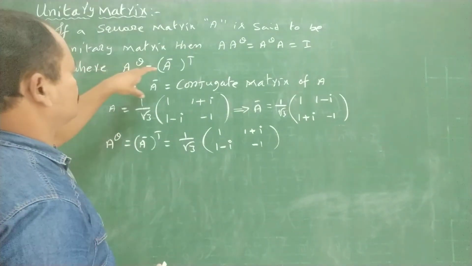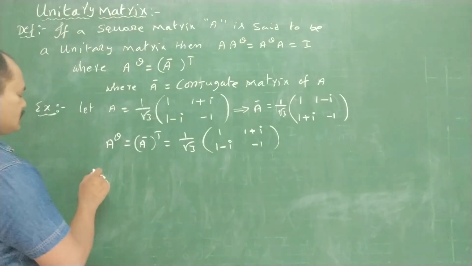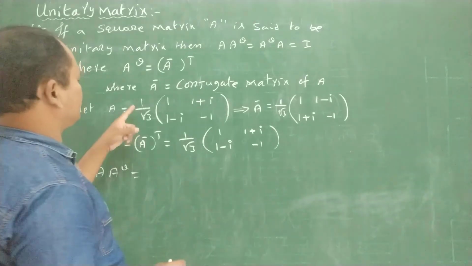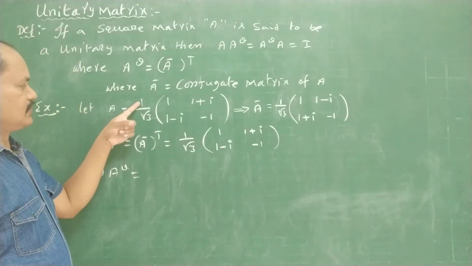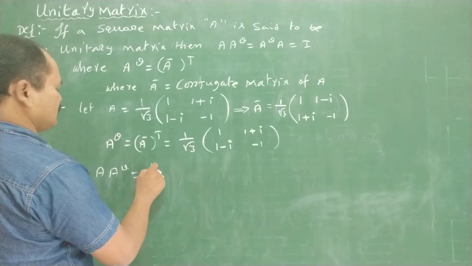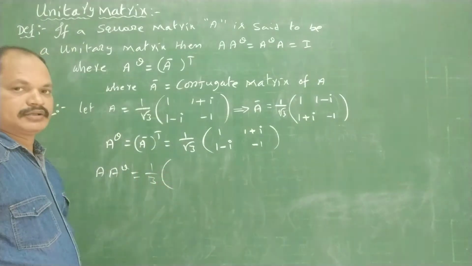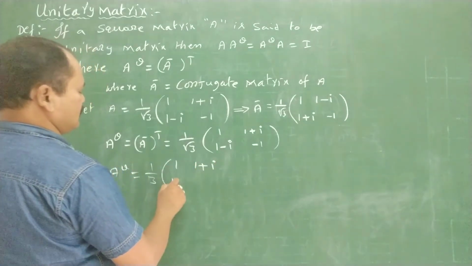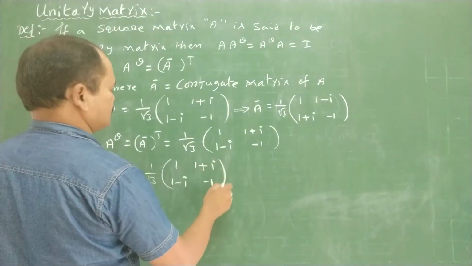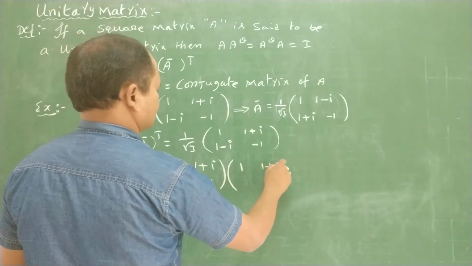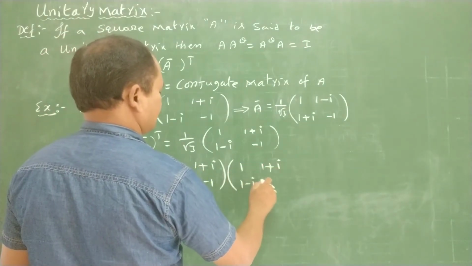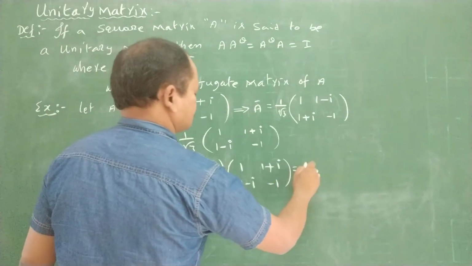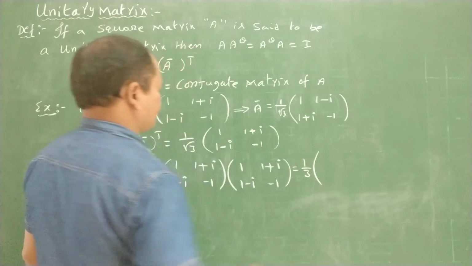A into A power theta. This is A. That's right. 1 by root 3 into 1 by root 3 is 1 by 3. Now we have to multiply these matrices.